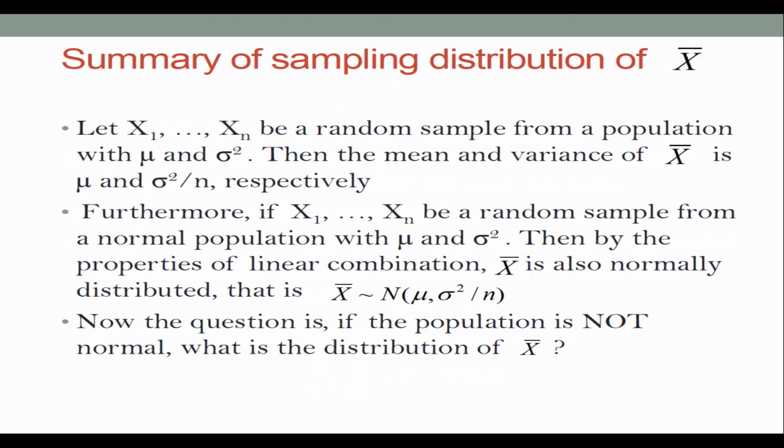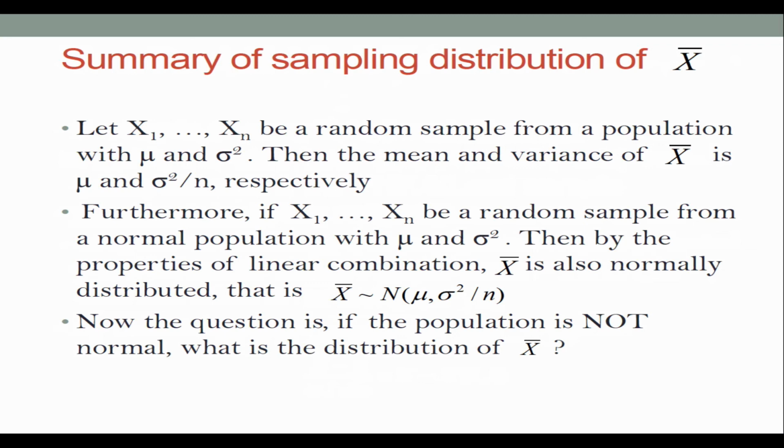We know the normal distribution has lots of good properties. We can apply those properties to X bar directly: X bar is normally distributed with mean mu and variance sigma squared divided by n. Is that okay? So if the underlying population is normal, then X bar is normal, and we can use the normal properties to draw inference about the sample mean.